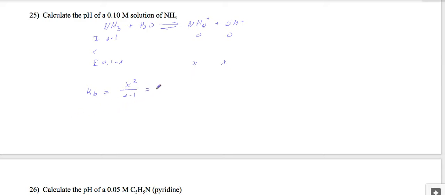The Kb for this is, we use it all the time, I have it memorized. Solve for x, we end up with 0.0014, which means that is the concentration of the hydroxide ions. The pOH then is going to equal 3.87. pH is equal to 10.13.